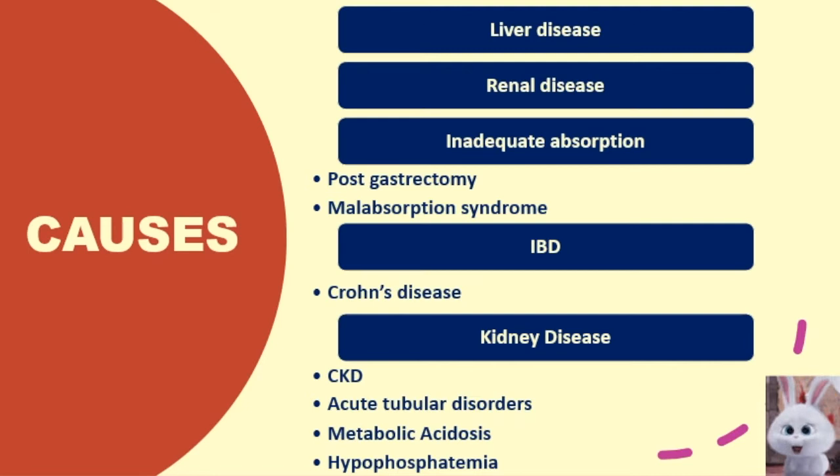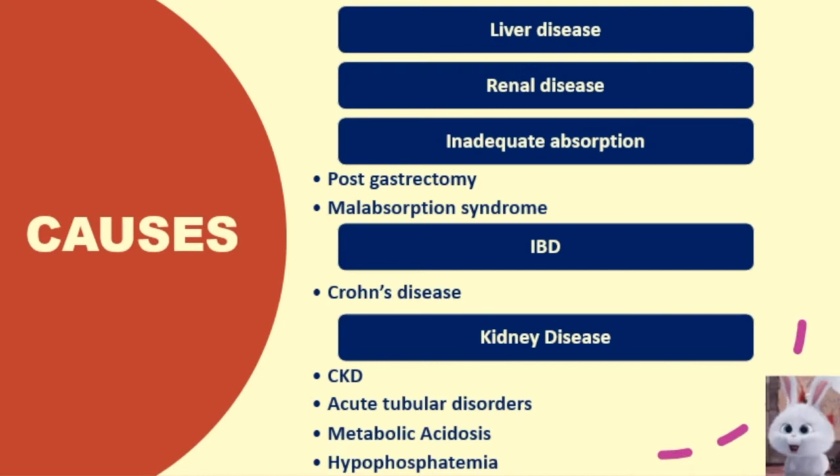How about renal disease? So chronic kidney disease can interfere with the synthesis of calcitriol, the most active vitamin metabolite. So in renal disease, recall that your kidney will convert calcidiol to calcitriol. So meaning damage to the kidney will prevent this conversion. Next, inadequate absorption.